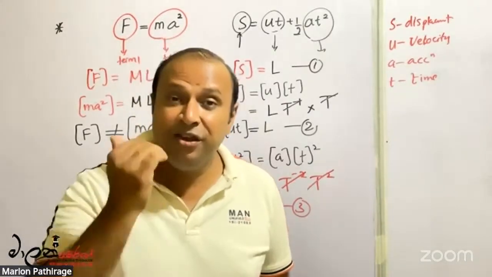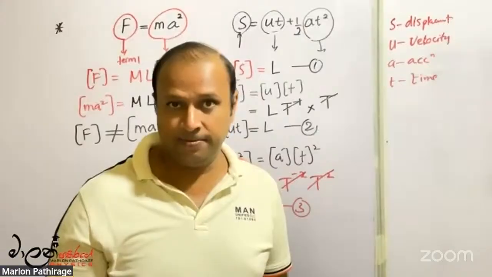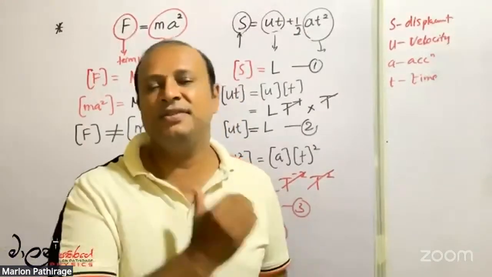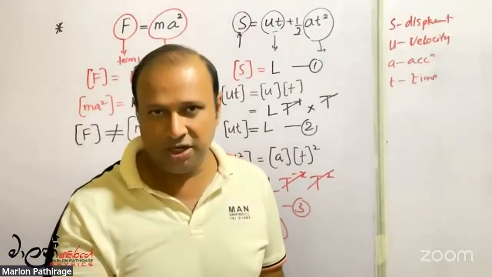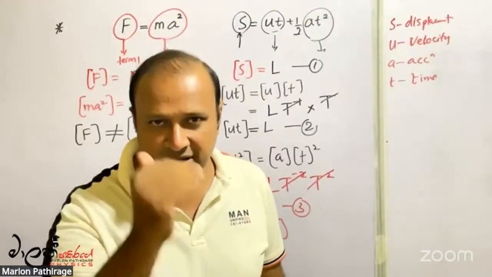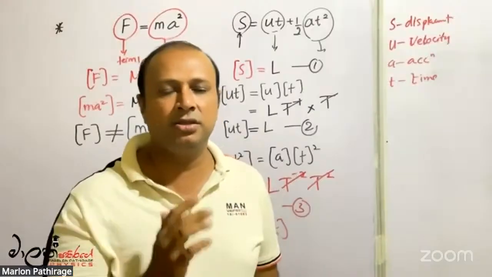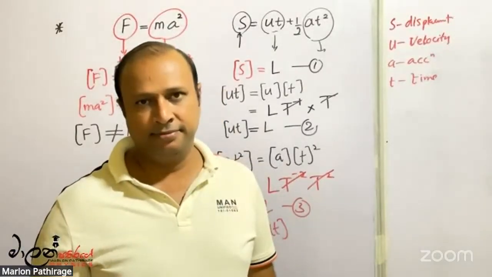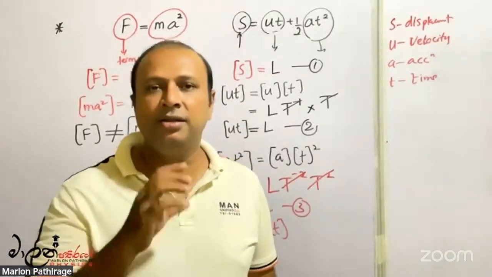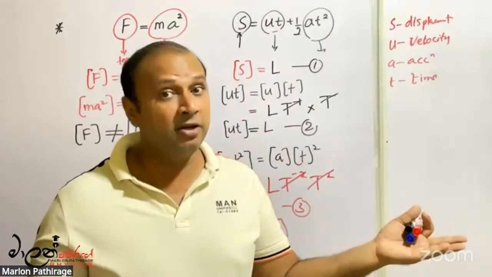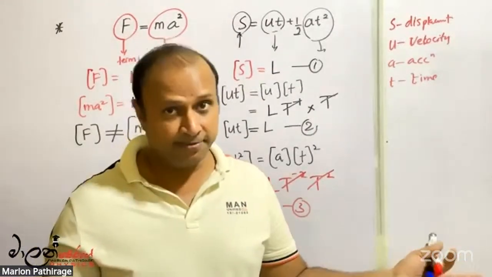Because if it is an equation, all the terms in that equation should have the same dimension, but this equation does not satisfy that basic requirement. Due to this reason, this equation is not a correct one. Is that clear?